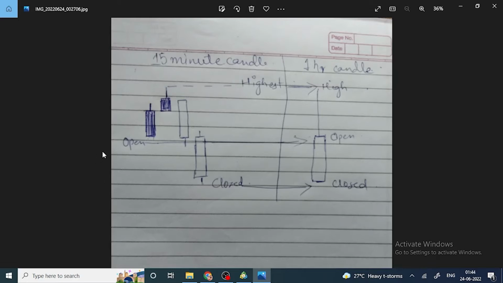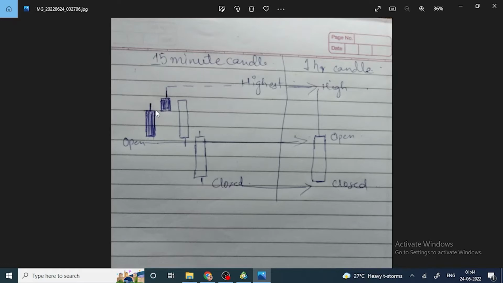One is a 15-minute candle chart, and the other is the 1 hour candle chart. If you can see, this candle opens here. It has the highest point, and closes over here.